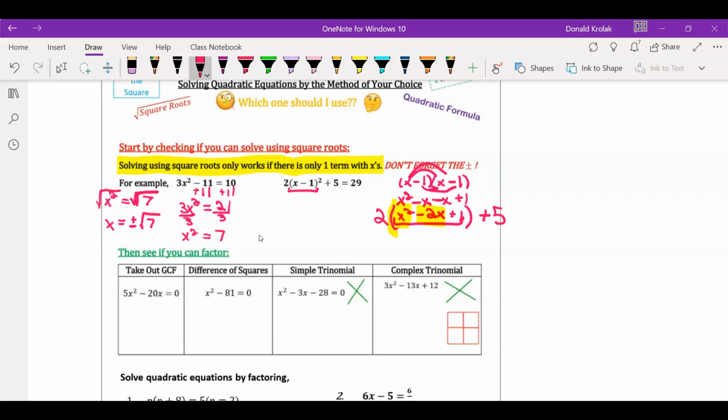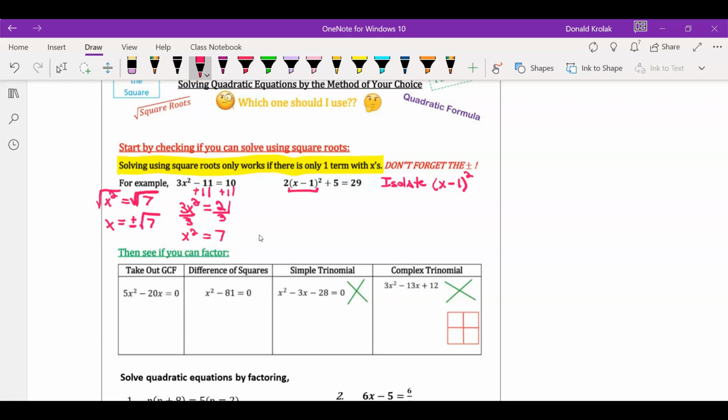If I treat the x minus 1 like it's a single term, so instead of distributing or multiplying this out, what I'm going to do is isolate x minus 1. I want to get that all alone.